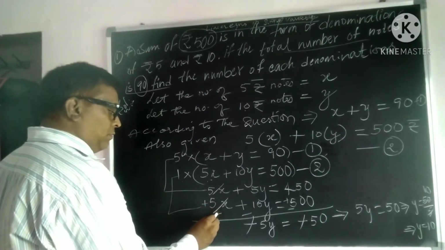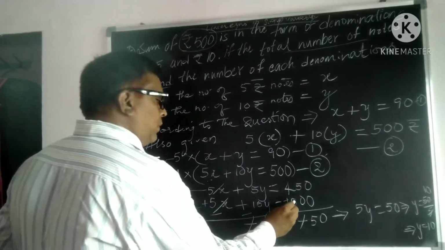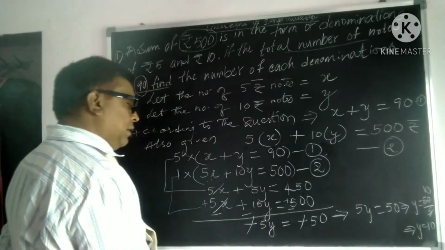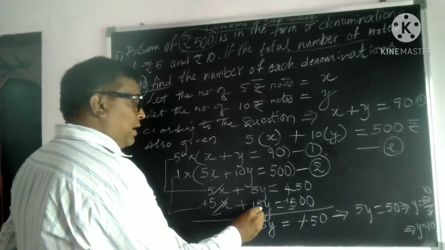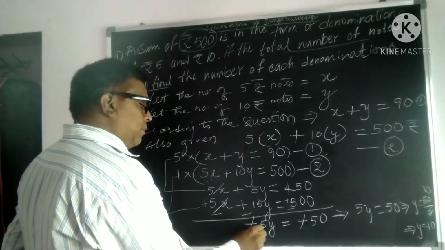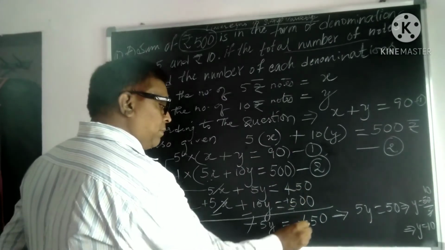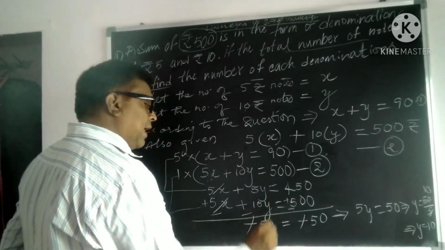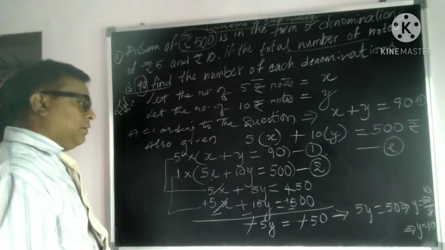Plus 5x becomes minus 5x, plus 10y becomes minus 10y, plus 500 becomes minus 500. Plus 5x minus 5x cancels. Minus 10y plus 5y is minus 5y. Minus 500 plus 450 is minus 50. Minus minus cancels. 5y is equal to 50 and the y value is 10.